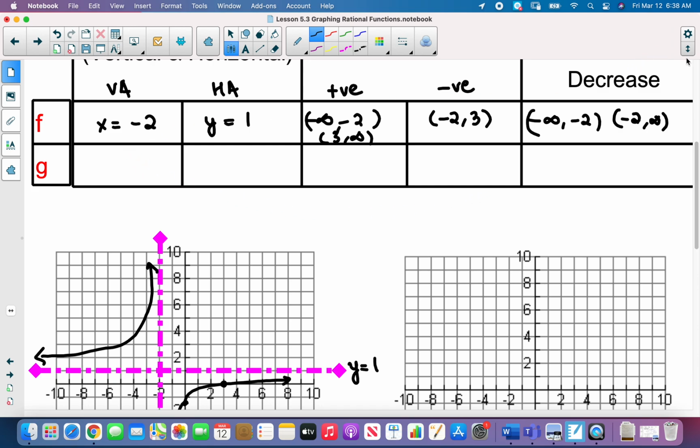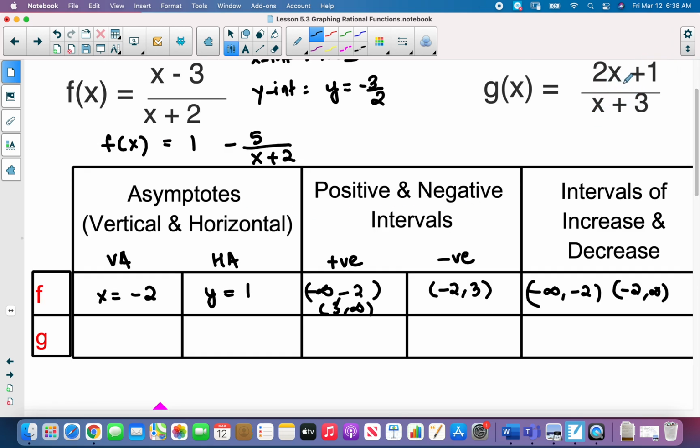Our second function is 2x plus 1 divided by x plus 3. So we can say that the x-intercept is, when we put y equals 0, we get x equals -1/2. And to find the y-intercept, we put x equals 0 and we get y equals 1/3.